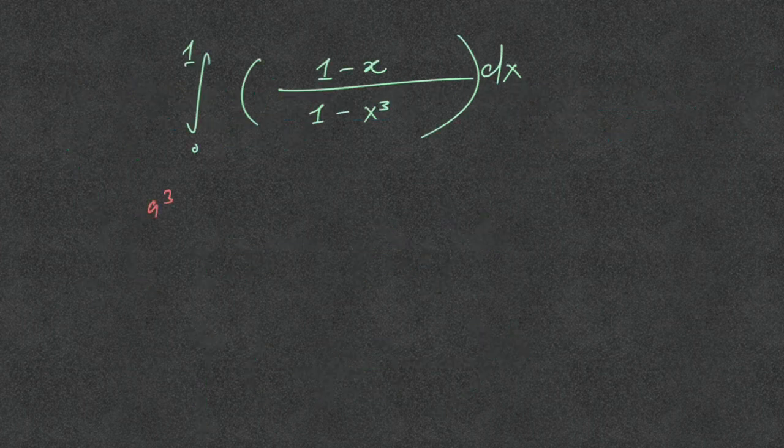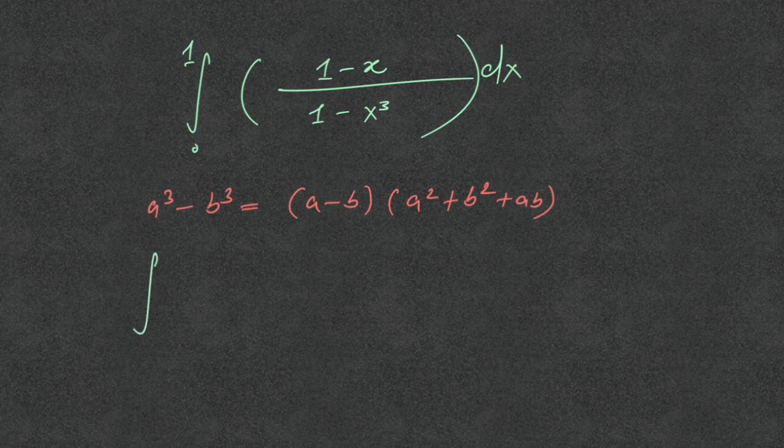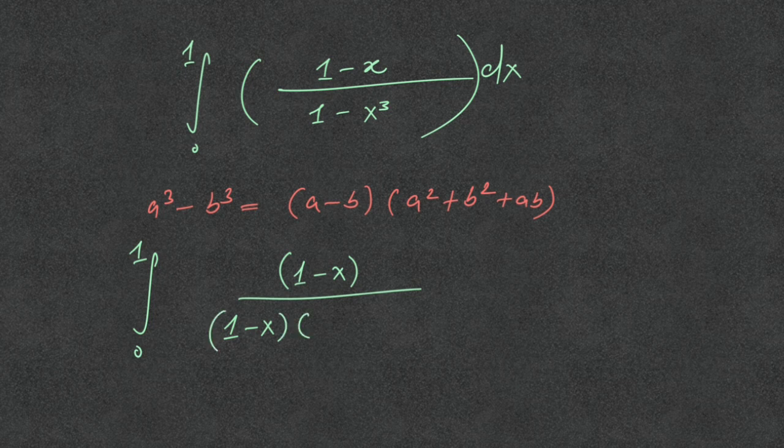Since we know that a cube minus b cube is equal to a minus b into a square plus b square plus ab, applying this in the denominator, we get integral from 0 to 1 of 1 minus x as it is, divided by 1 minus x into 1 square plus x square plus 1 into x, dx.